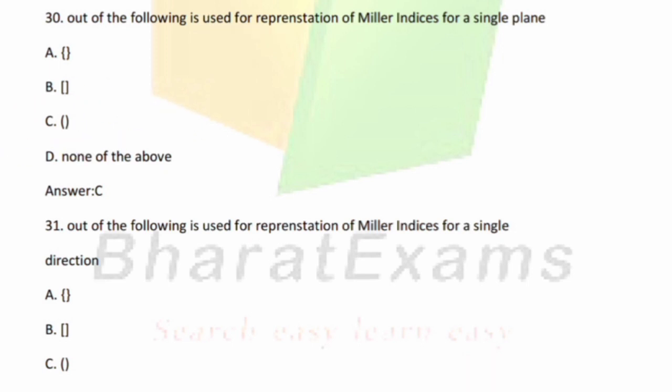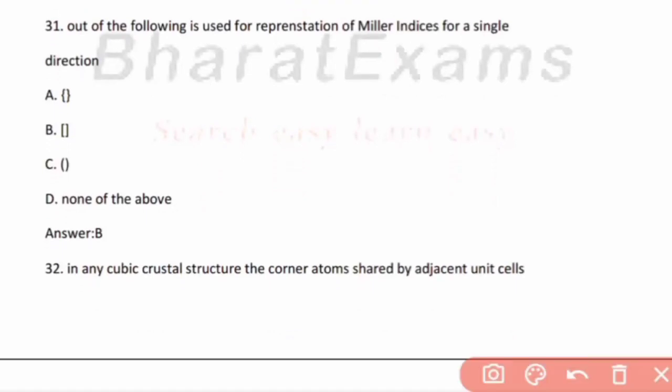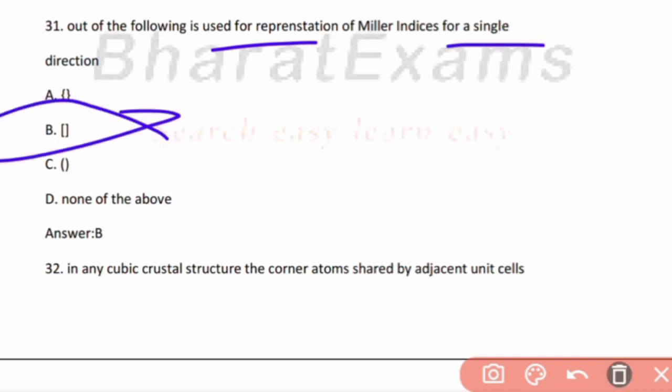Option C. Which of the following is used for representation of Miller indices for a single direction? Option B.